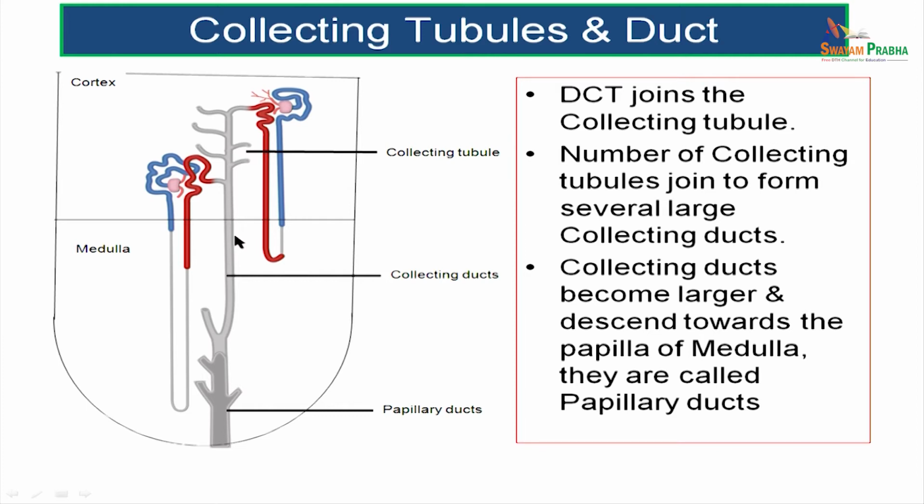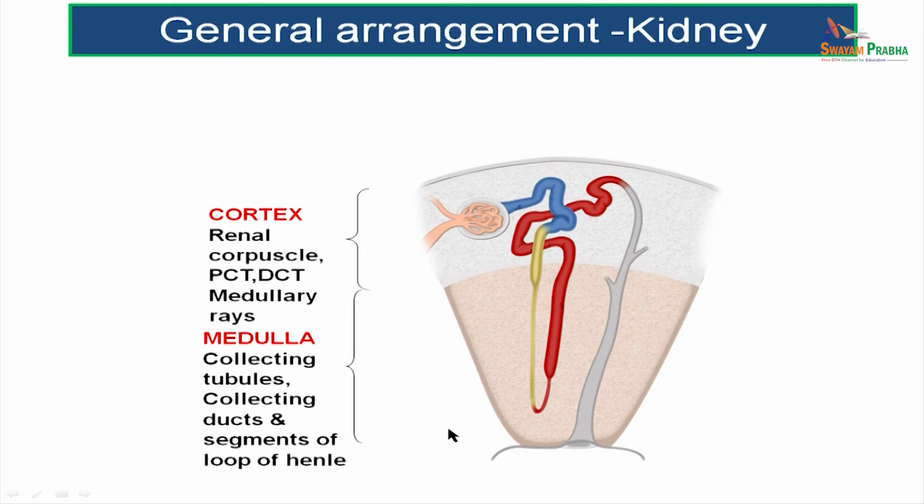This is a large collecting duct which courses from the cortex towards the medulla, descending towards the papilla of the medulla. These large ducts formed by union of collecting ducts are called the papillary ducts, also called ducts of Bellini.